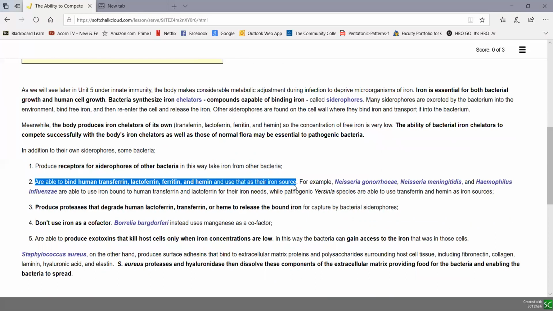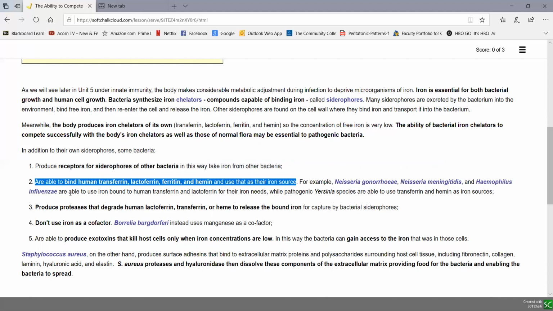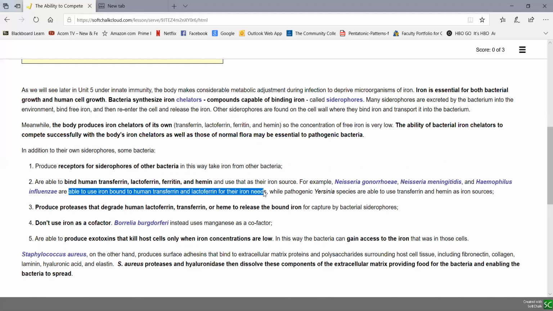Our iron chelators bind the iron, but then the bacteria bind our iron chelators and make use of that iron. For example, Neisseria gonorrhoeae that causes gonorrhea, Neisseria meningitidis that causes meningococcal meningitis, and Haemophilus influenzae that causes a variety of respiratory infections are able to use iron bound to human transferrin and lactoferrin for their own iron needs, and those are human iron chelators.